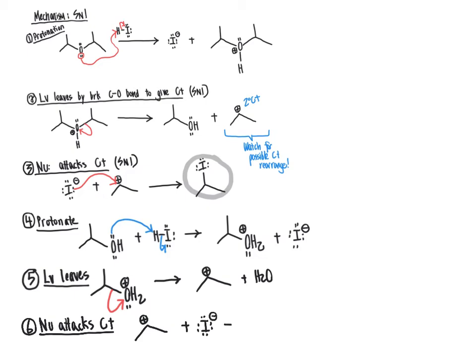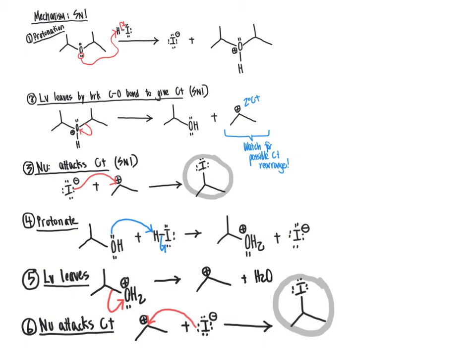And so that iodide anion comes in and participates by acting as a nucleophile, meaning it's coming in and attacking the electrophilic carbocation to make a new carbon-iodine bond and giving us our final alkyl halide product as a result of this reaction. So I'm going to go ahead and circle that for us so that we have that to keep in mind there.